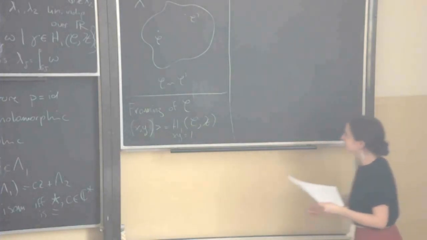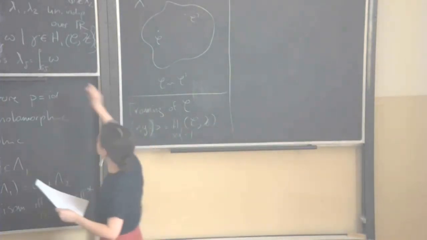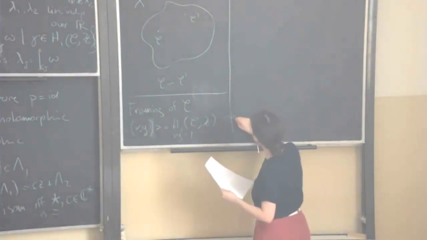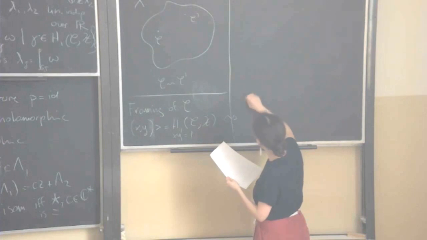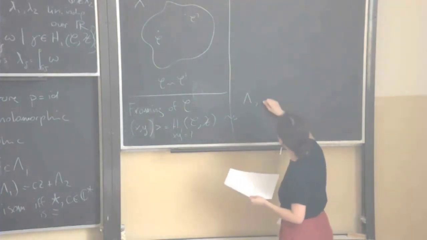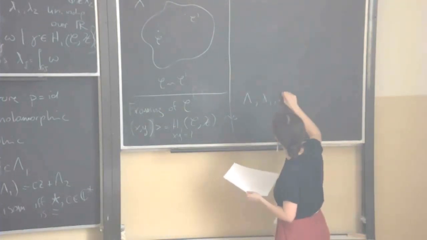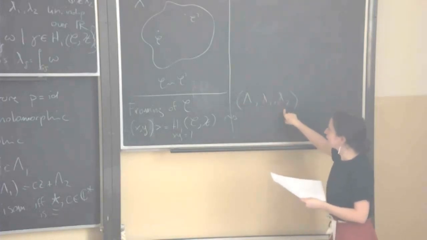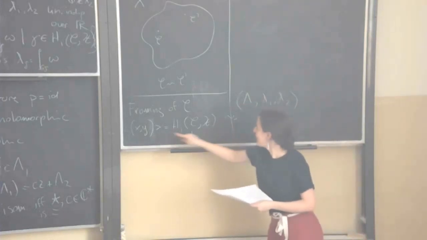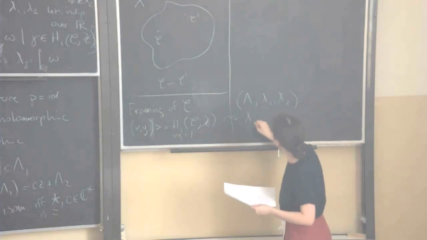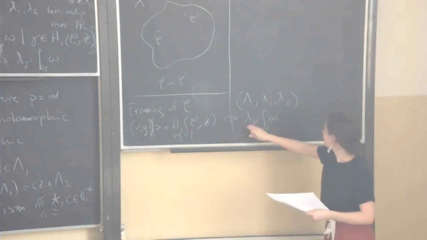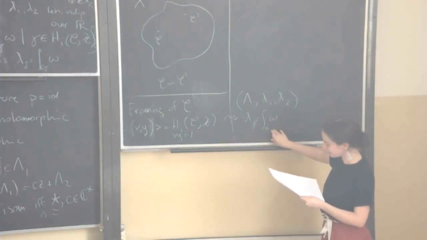And of course, if we switch to this point of view, what we get is a lattice, a framed lattice, which is a lattice Lambda with a choice of lambda 1, lambda 2. So a lattice with the choice. And this is exactly as you imagine. Lambda 1 will be the integral over x of our form omega, and lambda 2 will be the integral over y.